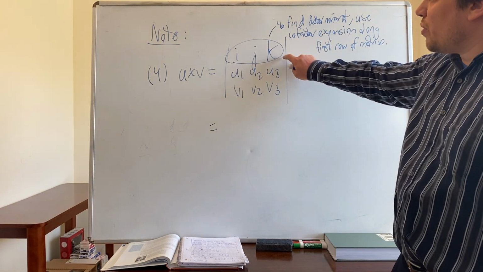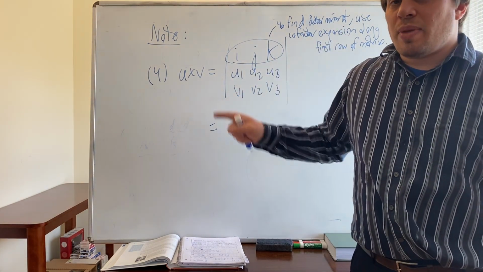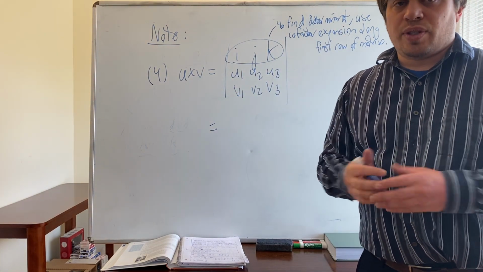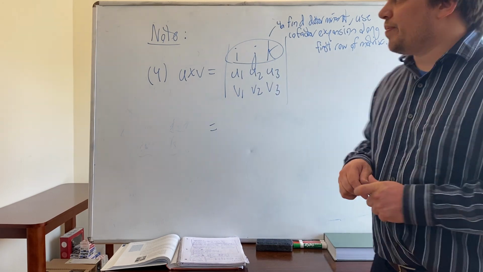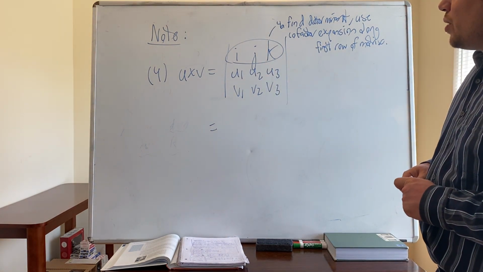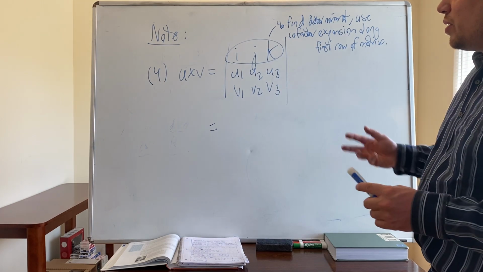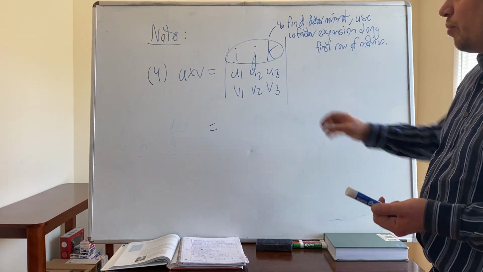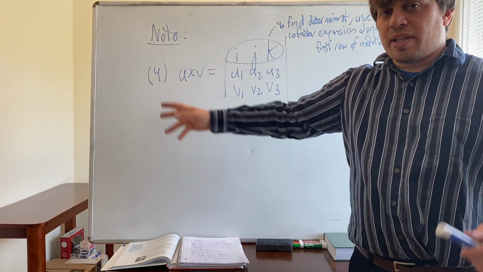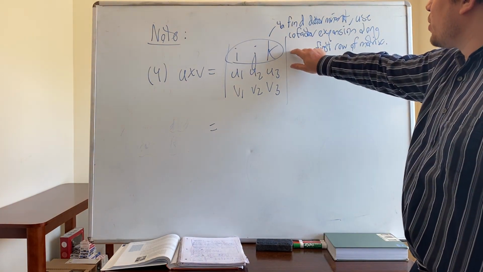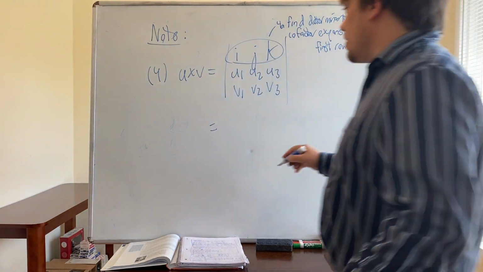And so if you choose the cofactor expansion along the first row of this matrix, you'll get the determinant of that entire matrix. And so to see why this determinant is u cross v the way I defined it, take the cofactor expansion along the first row, and what you'll get is this.